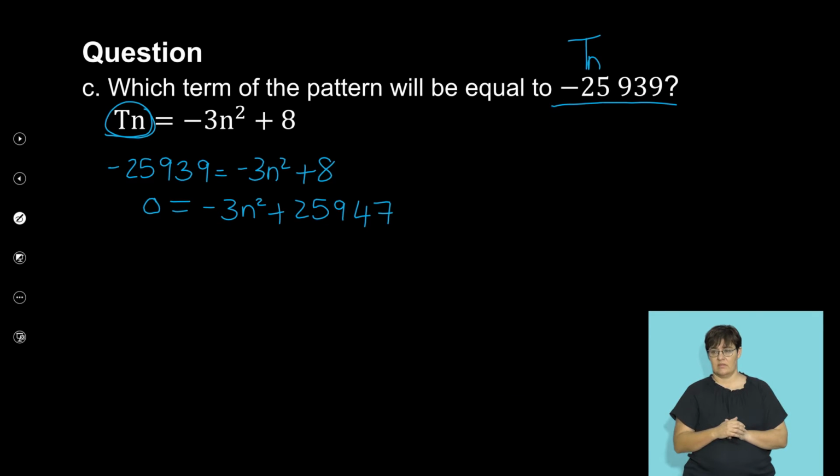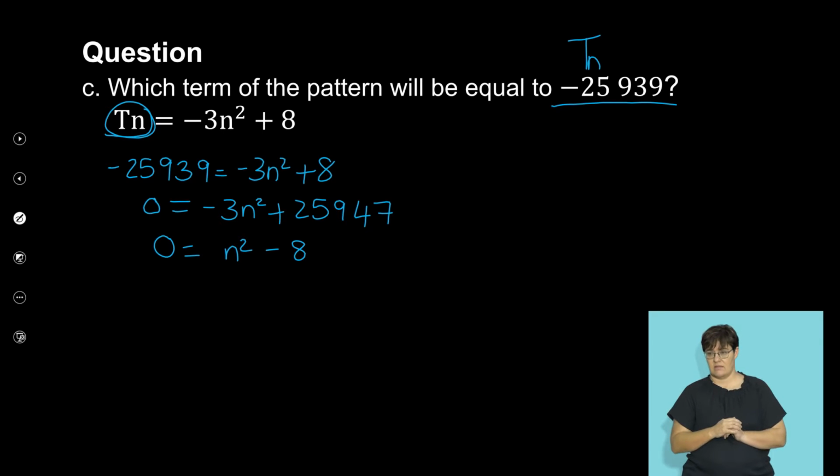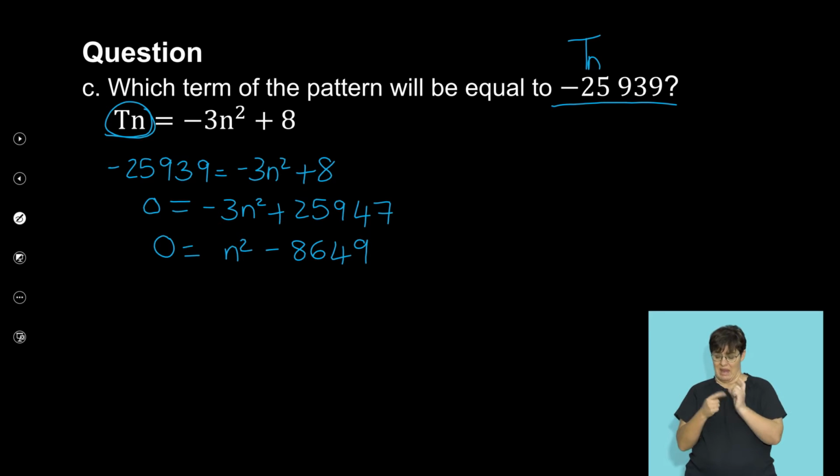So this is going to be 0 is equal to n squared minus 8,649. Because I actually have an n squared minus an incredibly large number, I am hoping that this is difference of squares because that will make my life a lot easier.